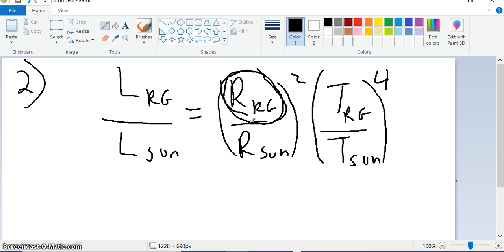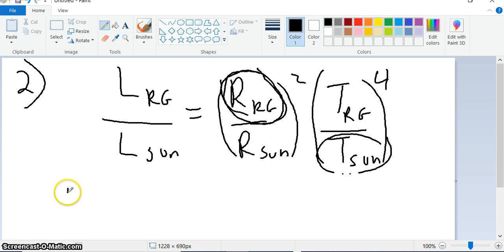We'll keep everything squared for right now. Notice the temperature of the sun goes over to the other side, in the numerator, and the temperature of the red giant goes in the denominator, but it's still to the 4th power.